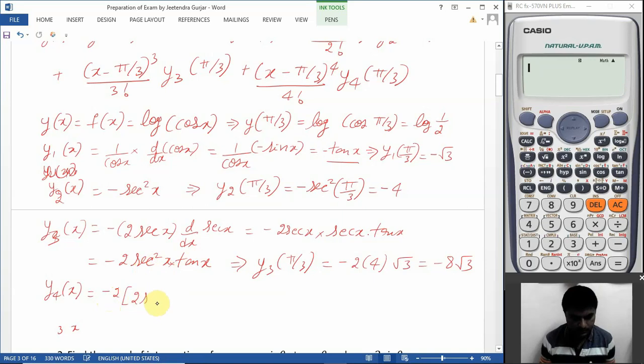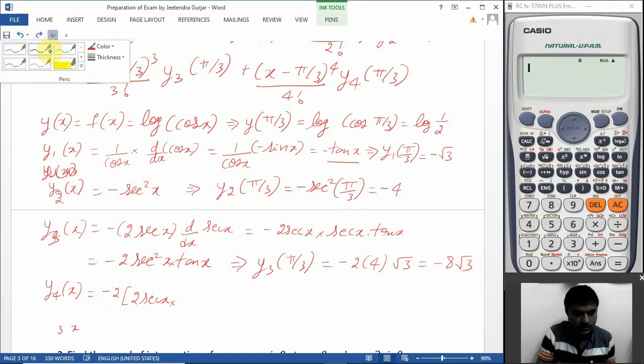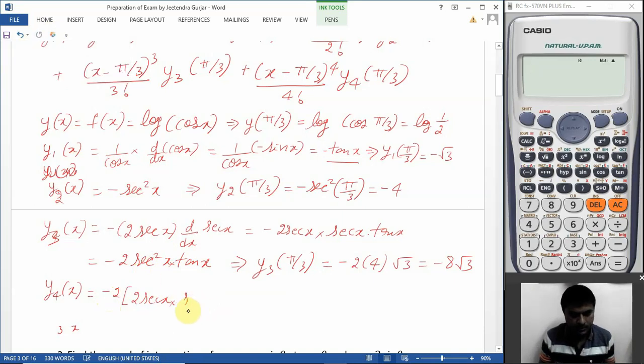It is again 2 sec x into sec x tan x, and tan x as it is, then plus sec square x as it is, differentiation of tan x.